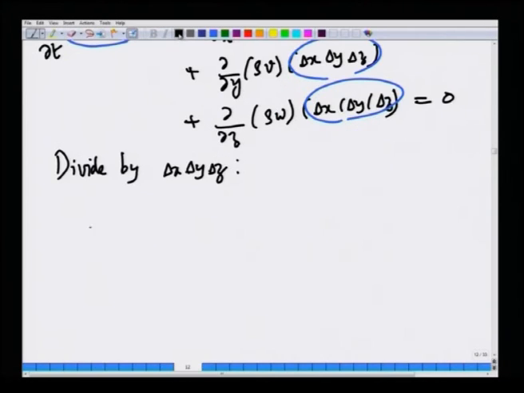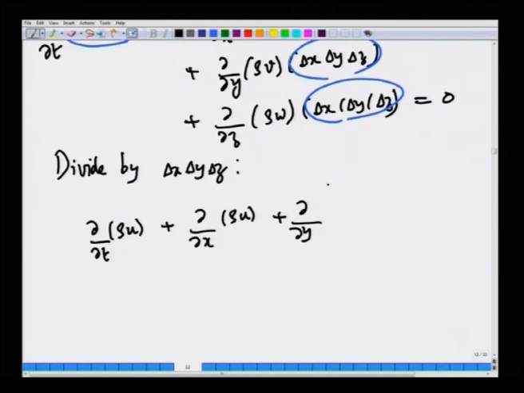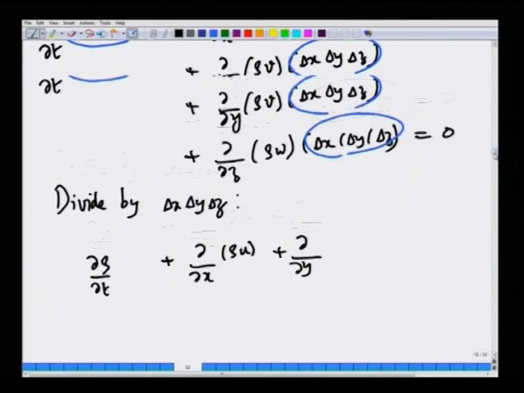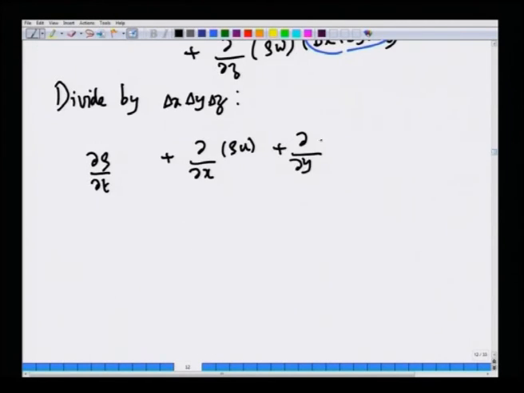That implies partial rho by partial t plus partial by partial x of rho u plus partial by partial y of rho v plus partial by partial z of rho w is 0. Now, this is essentially the differential form of the mass balance.